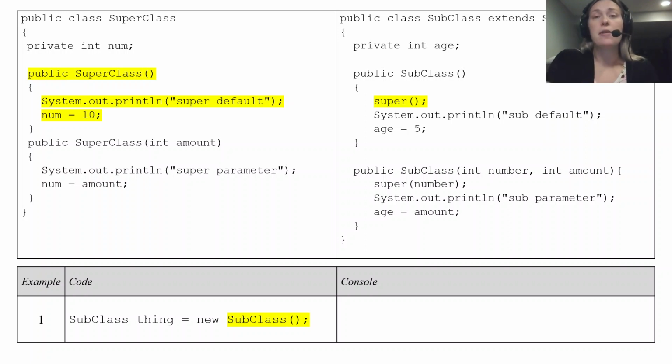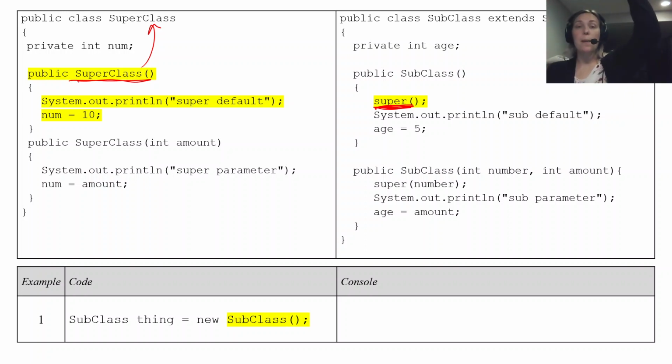Now remember, the keyword here is super. It's not that these have to match in words. We know that the default constructor has to match the class name, but super is the keyword. It automatically goes one above it in the inheritance hierarchy and runs the default constructor, and it knows the default constructor because of that parameter list. So just remember.